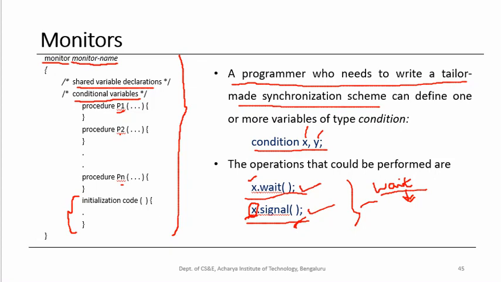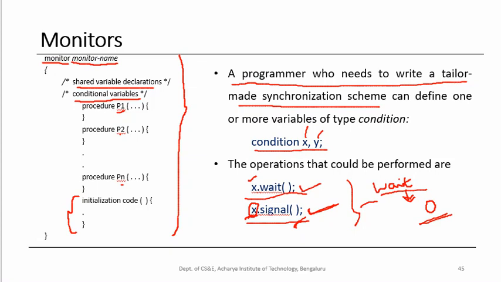And if no process is found in the waiting queue, that is, if zero processes are found in the waiting queue, even then the execution of this signal operation will not harm the program execution. You'll have to keep that in mind.